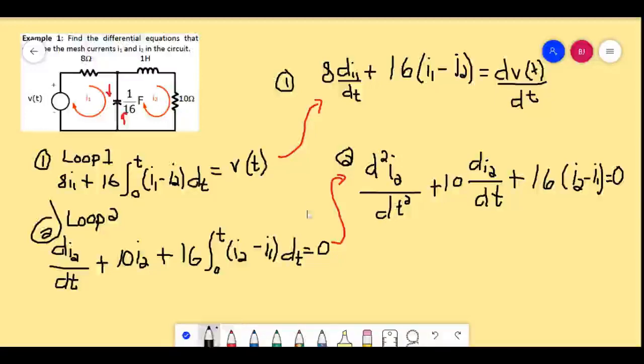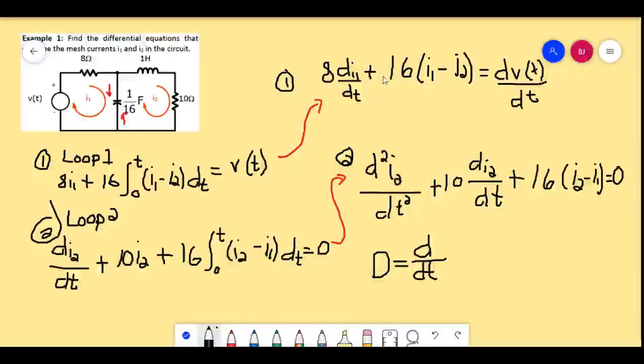And what we'll be doing is we will be representing the derivatives as a variable so that it's easier to look at and easier to work on. So what do we mean by that? So the third step is we use D as a representation of the derivative d over dt. So we will be doing this for both loops before we go on to the fourth step.